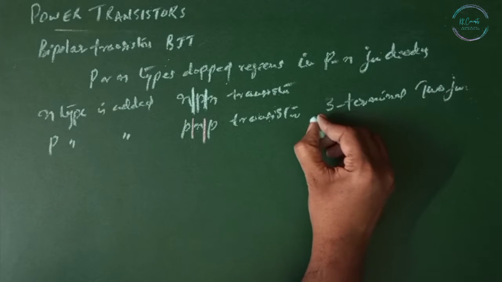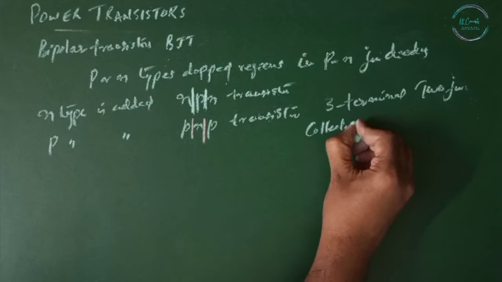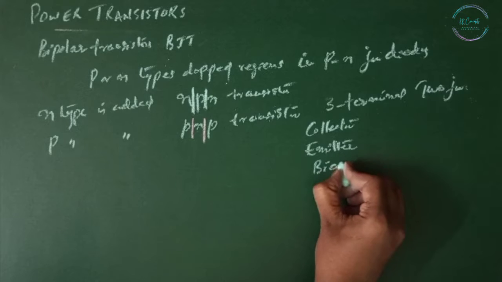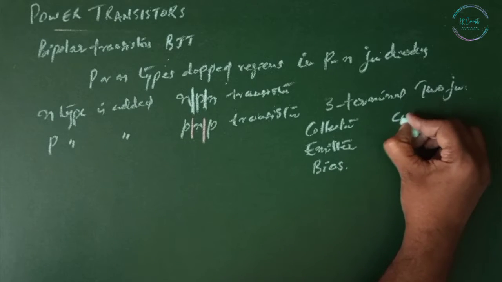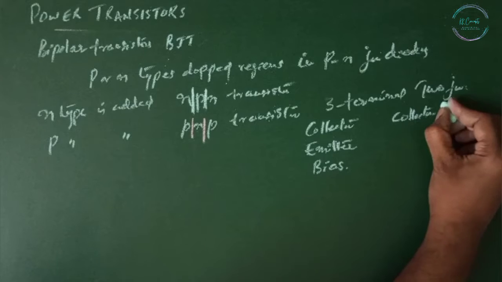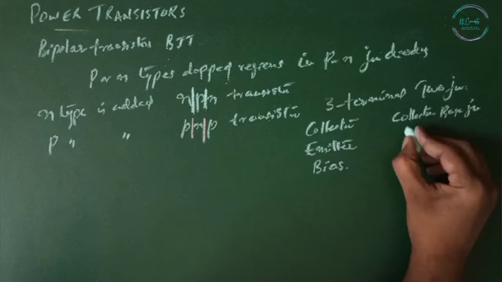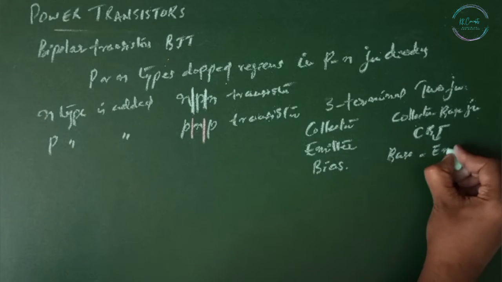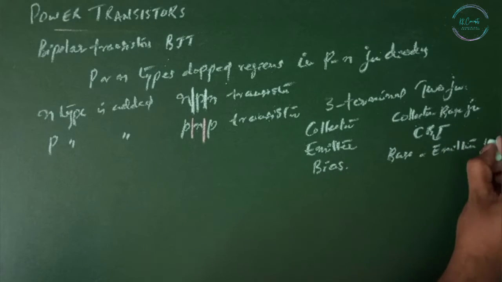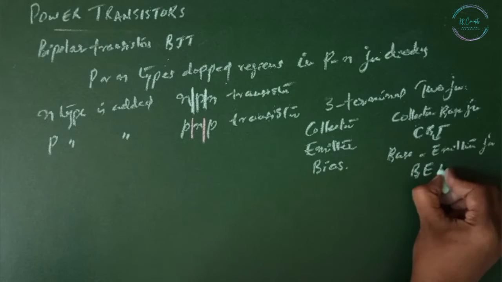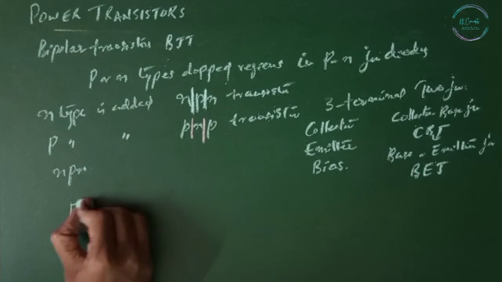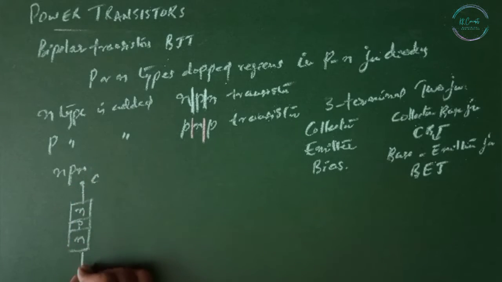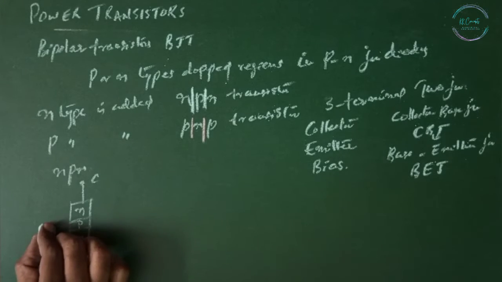The three terminals are known as collector, emitter, and base, and the two junctions are the collector-base junction, known as CBJ, and the base-emitter junction, known as BEJ. For NPN, N, P, N: collector, emitter, base.